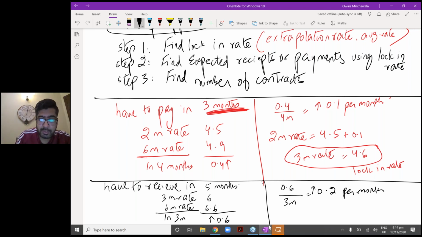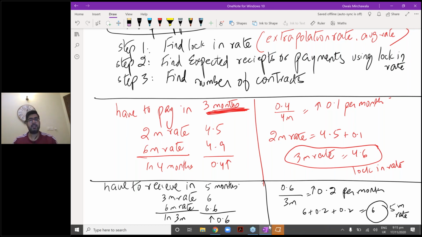Okay, so the 3-month rate is 6. It's rising by 0.2 each month. So if it rises by 0.2, it would go to 4 months. And if it rises by a further 0.2 per month, it goes to 5 months. From 3 to 5, you need to rise it by 2 times. This becomes 6.4, the 5-month rate. This is called the lock-in rate or average rate.